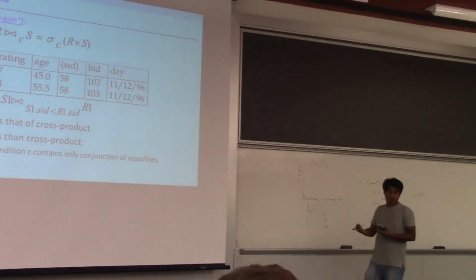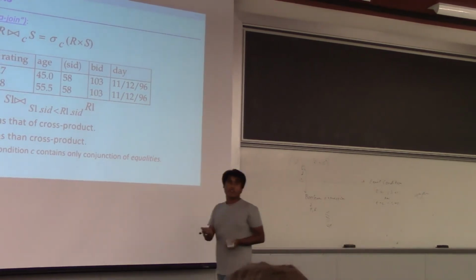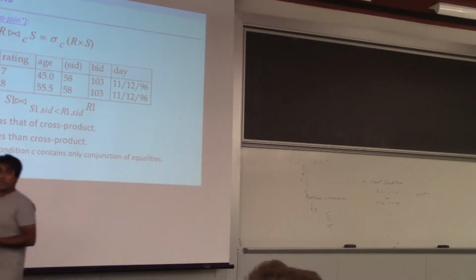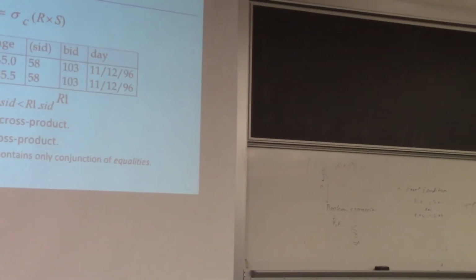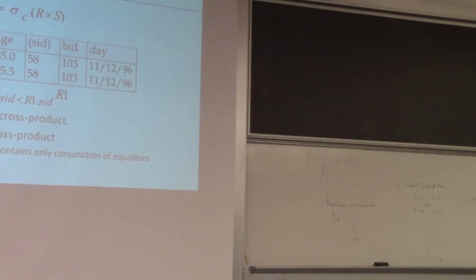What is the difference between equijoin and the natural join? Anyone? Is there any difference? Yes?